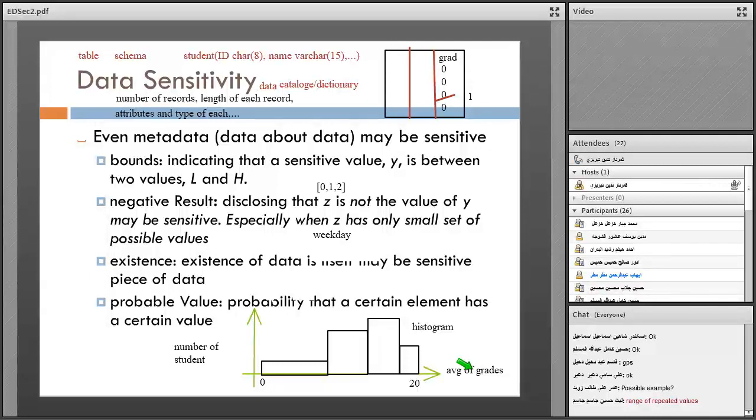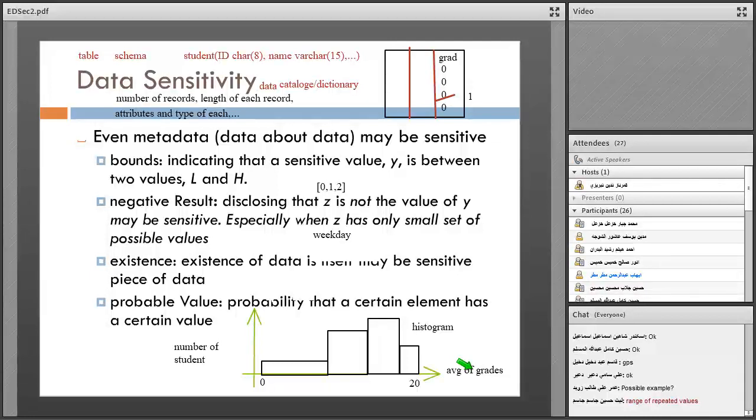Sensitive data can also exist at the level of countries. They have many statistical data, important data, that they don't want the enemy to know. Even something about the weather or the water resources in a country is confidential, private, and sensitive.